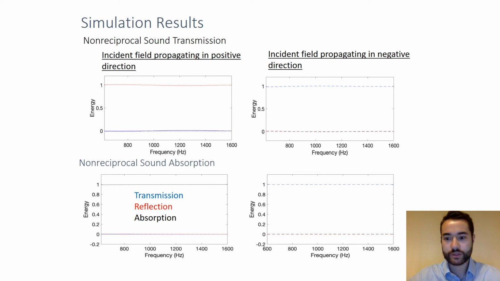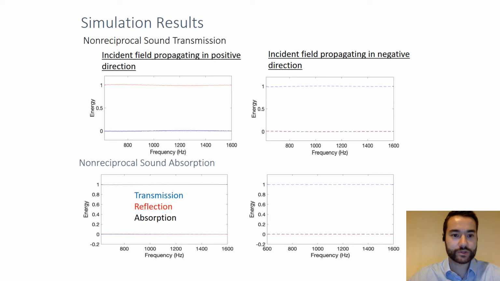The performance is evaluated in two scenarios, when the active control system is subject to a positive travelling incident wave and a negative travelling incident wave. Each of the plots will show, as mentioned, the energy of the transmission, reflection, and absorption against frequency.